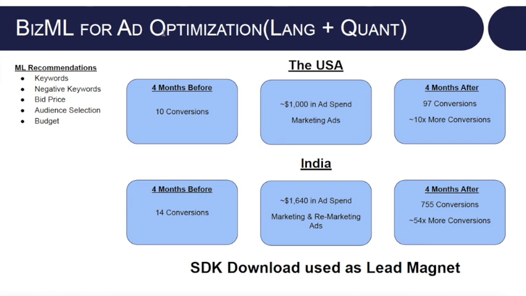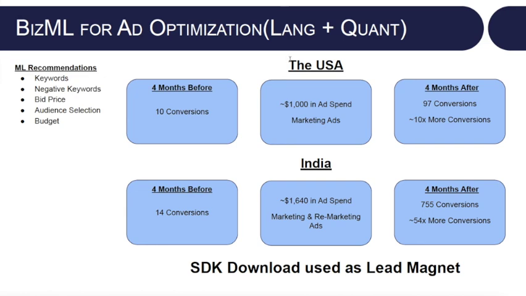One of our first commercial implementations was using BizML in advertising. We used BizML to optimize both language and quant stuff. Essentially, the machine learning algorithm predicted the keywords that you should use in advertising, the negative keywords, the bid price, selection of audiences, and budget.